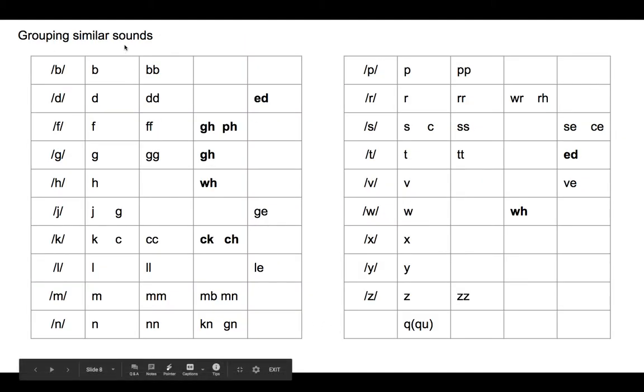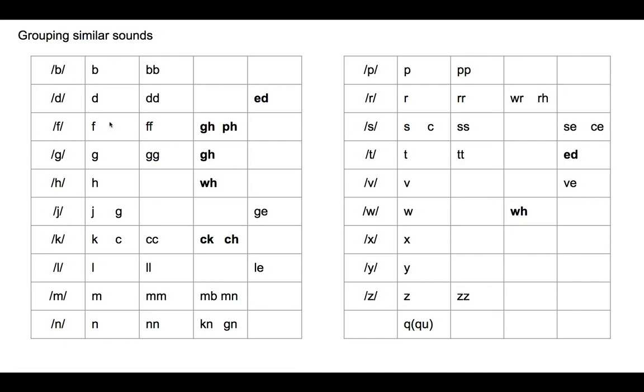Here I have grouped the similar sounds in our table. So as you know, these are the sounds and these are the letters that make this sound. These are the homogeneous digraphs that make these sounds, and these are the heterogeneous digraphs that make these sounds. And I have added this column here which gives a vowel and consonant digraph that could make these sounds.